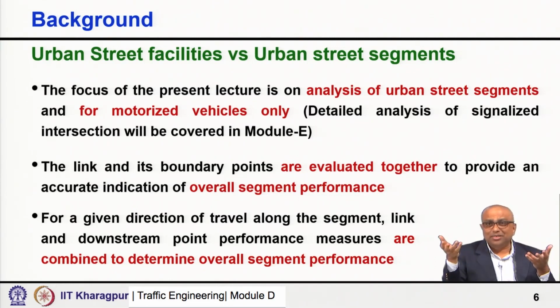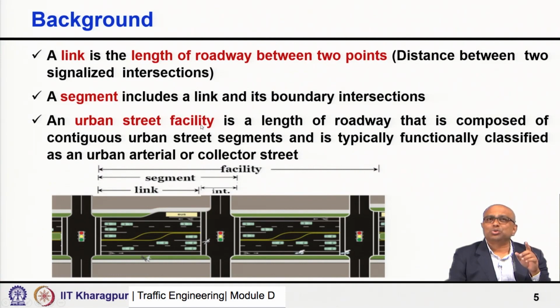A similar kind of analysis may be valid for intersections also, but the detailed analysis of signalized intersections, we will cover in the next module, which is Module E. And since we are going to cover signalized intersections in particular in quite a detailed manner, we shall skip much discussion related to signalized intersections in this module, and our entire focus is specifically on urban street segments, where remember that a segment includes a link and its boundary intersection.